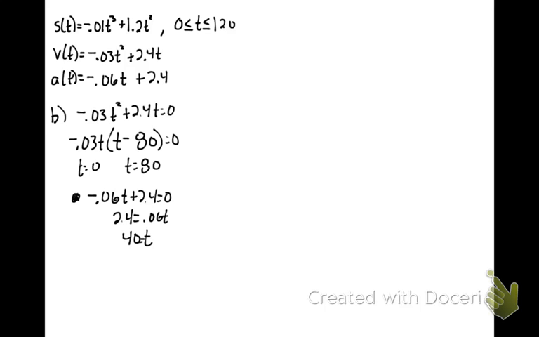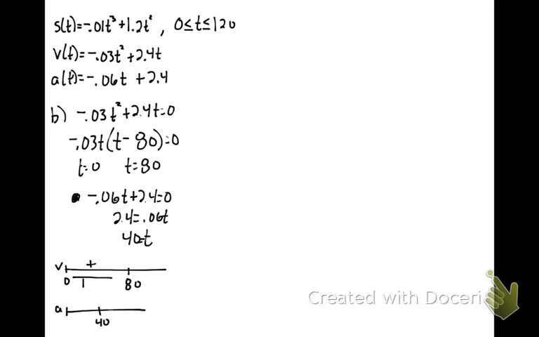Okay, so we've got our velocity graph to consider. The important points are 0 and 80, and for our acceleration graph, important points are 0 and 40. And if we test a number like 1 for velocity, then we're going to find that the velocity is positive between 0 and 80.